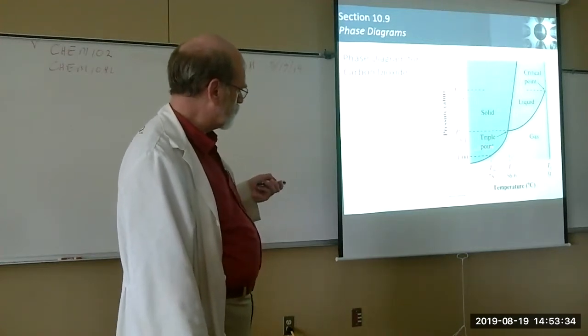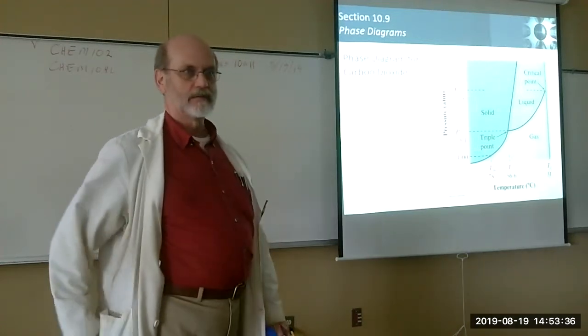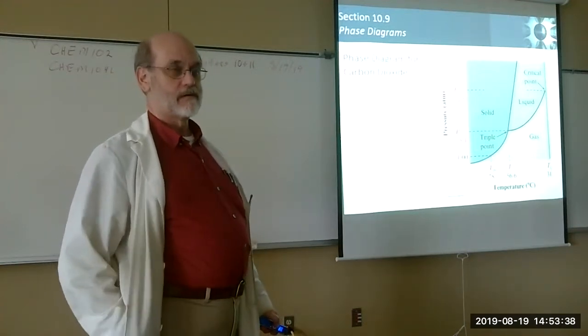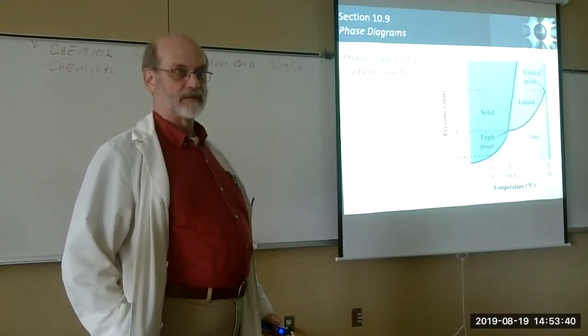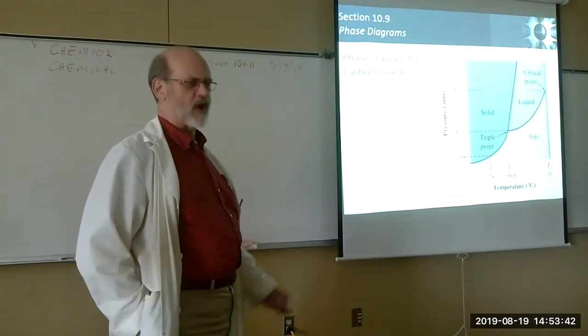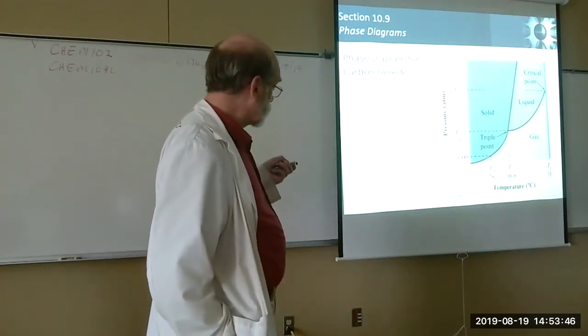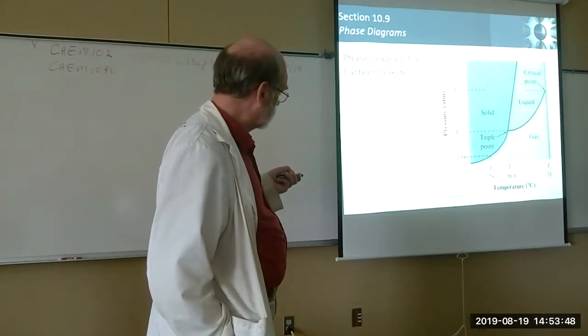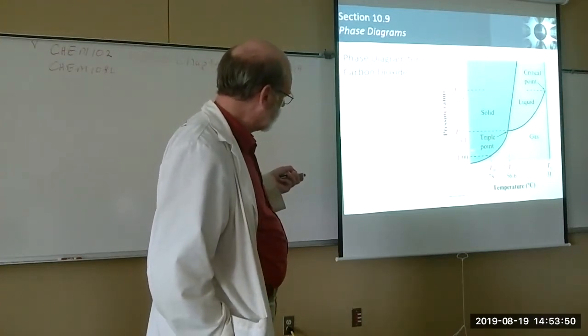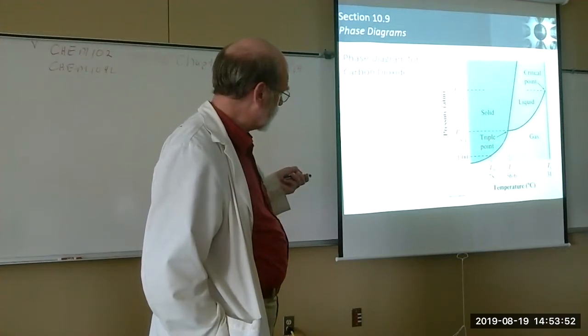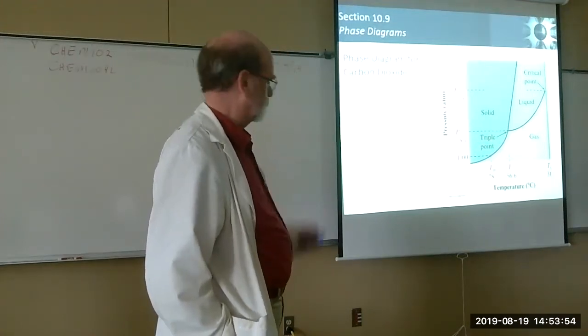What's happening here if you go from solid to gas? That's sublimation. You go from solid to gas, like dry ice. Right? So if the pressure is way down here, this low, then you can go from solid to gas as you increase the temperature.